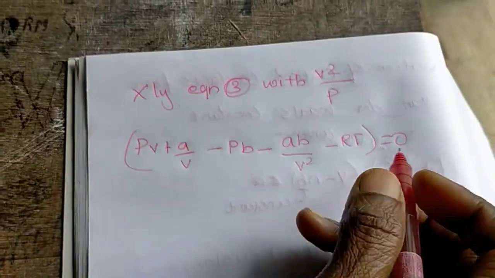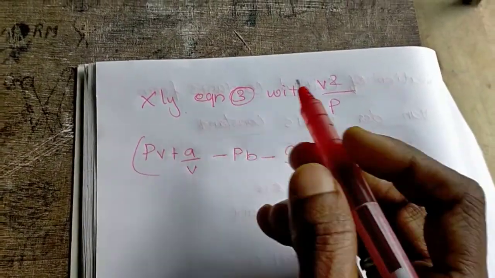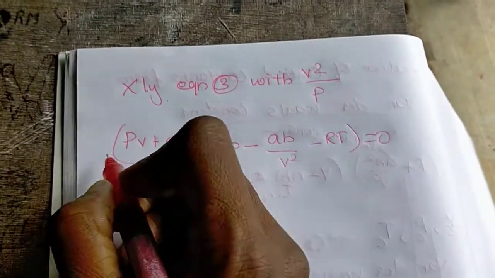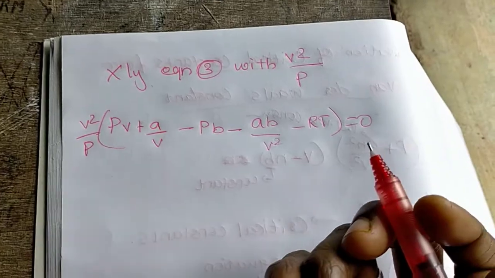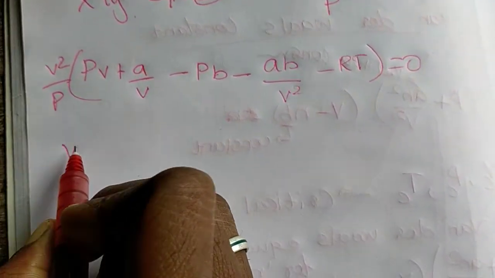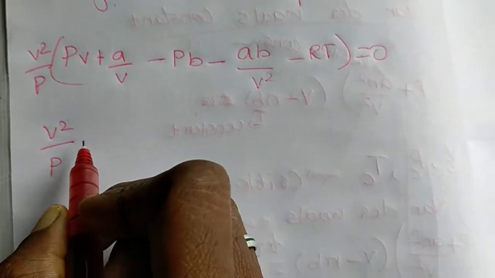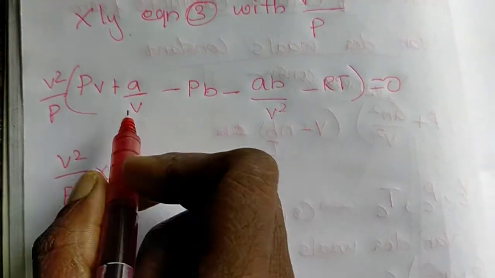So multiply this full equation, this equation 3, with v square by P. Okay, multiply this. V square divided by P multiplied with Pv.